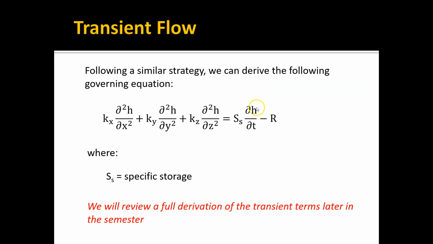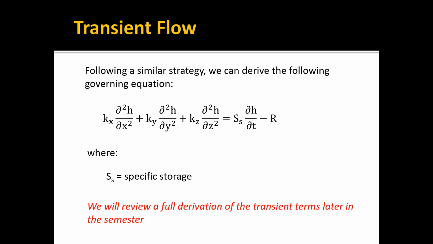It's everything we had before, but we've thrown in this term where S sub S is something we call specific storage, and we have this derivative ∂h/∂t, the rate of change of the head with respect to time. There are a number of assumptions that go into deriving this particular term: specific storage times the head derivative with respect to time.